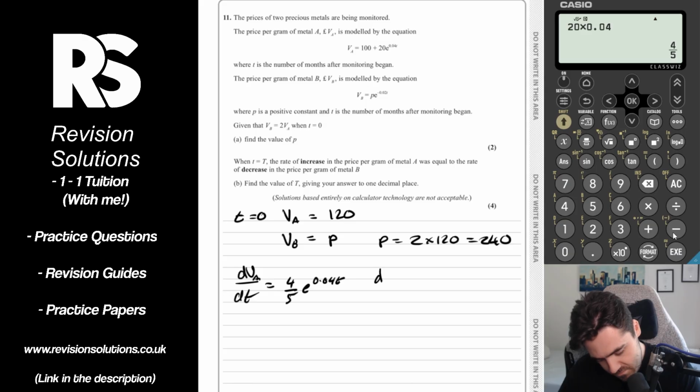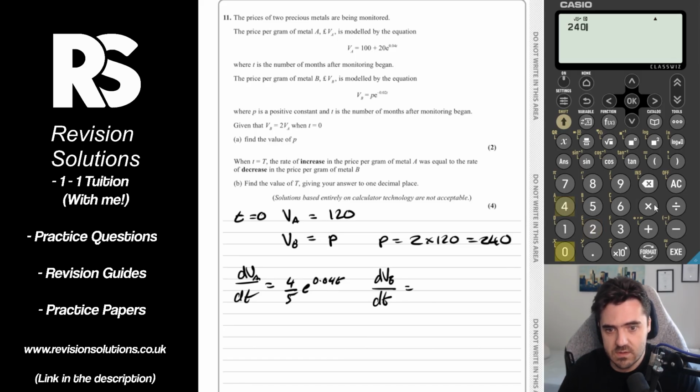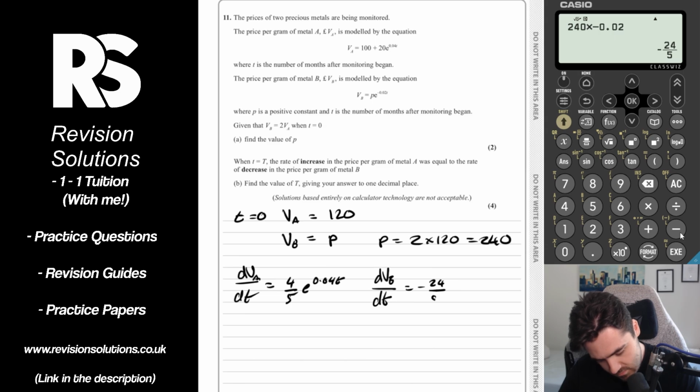Then for metal B, we have 240. Bring down the minus 0.02. 240 times minus 0.02 gives us minus 24 over 5, e to the minus 0.02t.